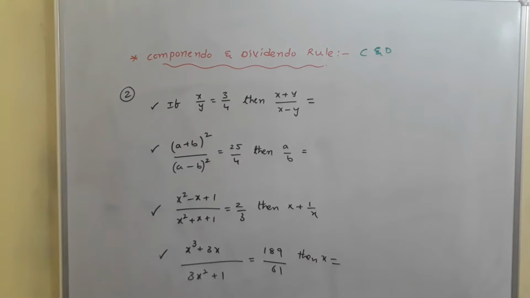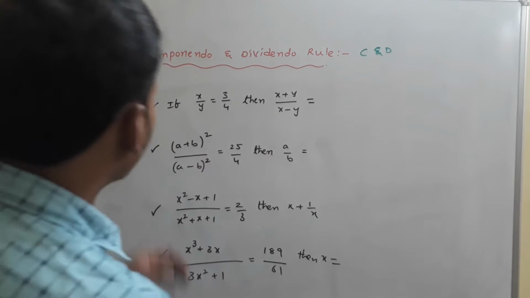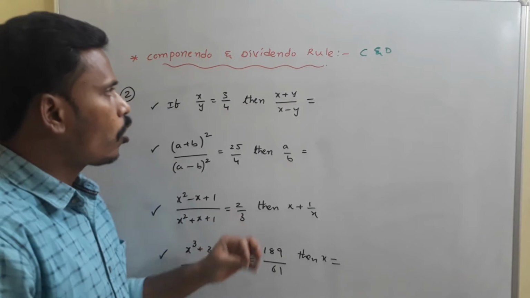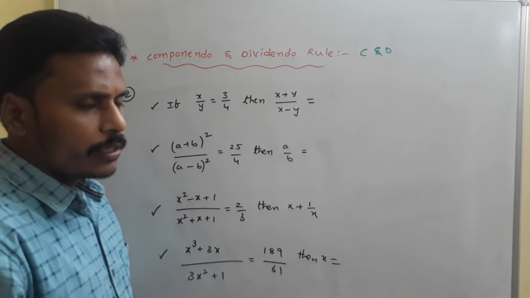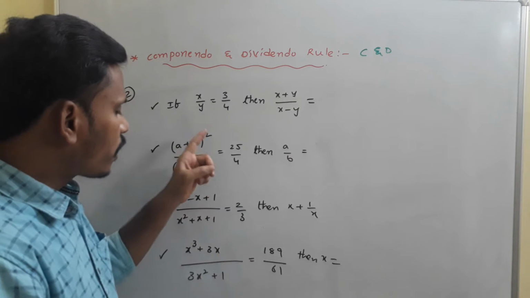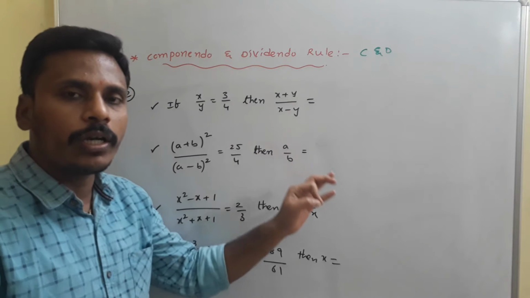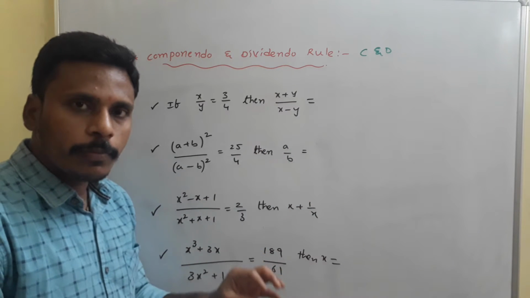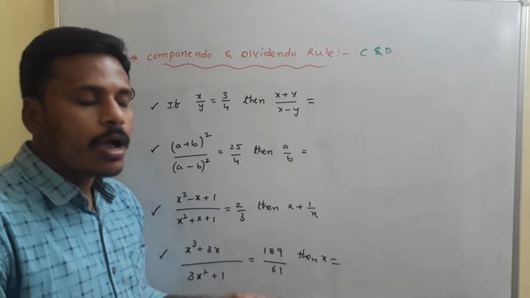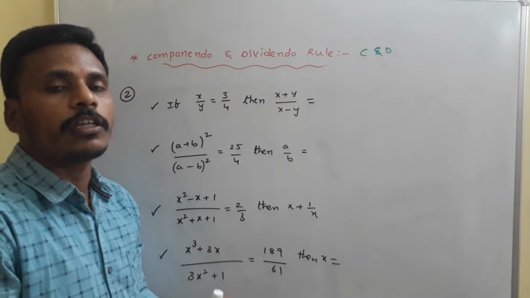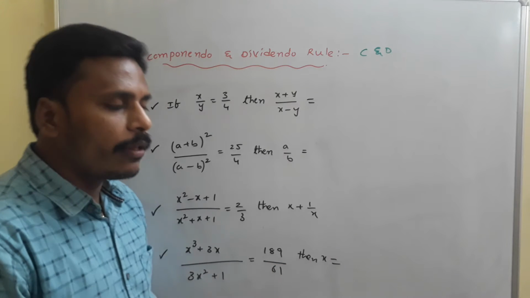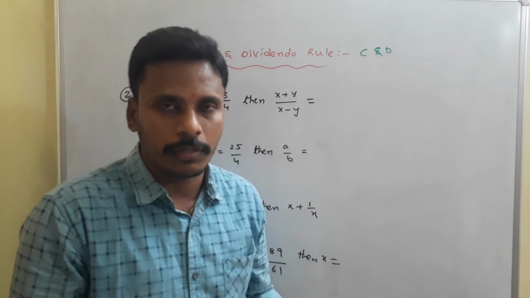Just have a look. We have 4 simple problems to solve using componendo and dividendo. When you observe, there is a chance to solve these problems without using componendo and dividendo also, just by using the concepts of ratios or just by cross multiplication. I think you are all familiar with the cross multiplication method.